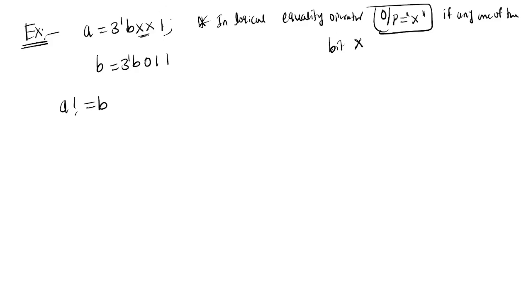So here, since one of the bits is don't care, A logical not equal to B gives the output x only. In the tool also you can check, just give these values and check for the condition.